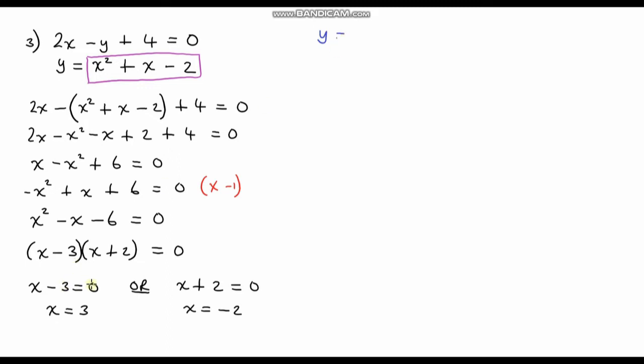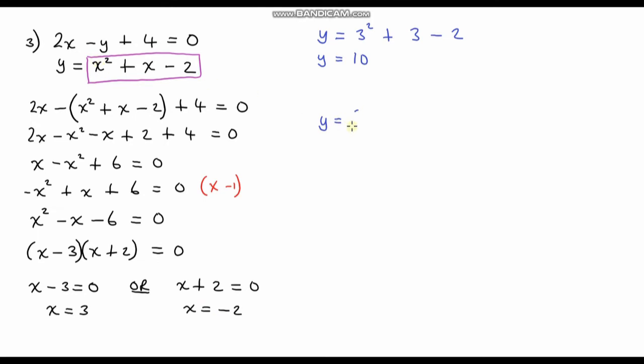So when x equals 3, we're going to have 3 squared plus 3 minus 2. So 3 squared is 9, 9 plus 3 is 12, and 12 minus 2 is 10. So that's one solution. Our other solution is going to be when x equals negative 2.